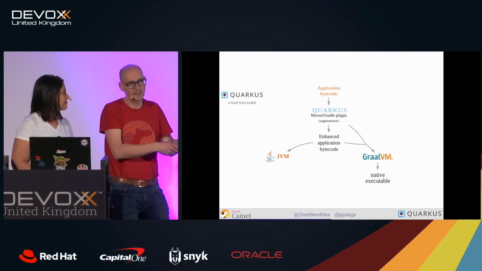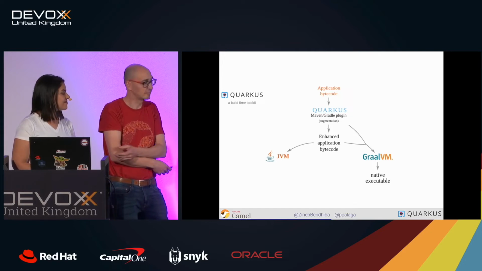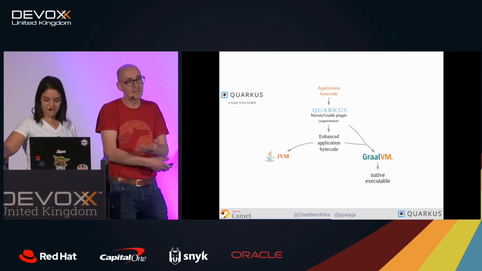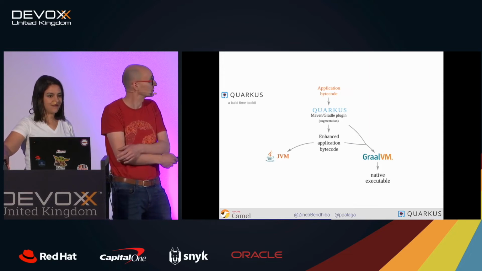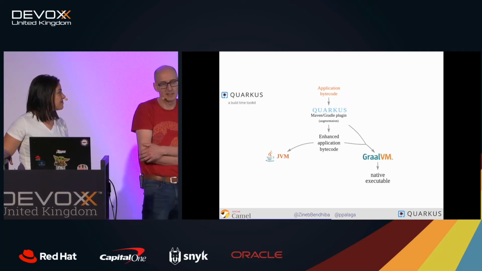That code combined with the JDK code is an input for the Quarkus Maven or Gradle plugin that augments the original bytecode into so-called enhanced application bytecode.